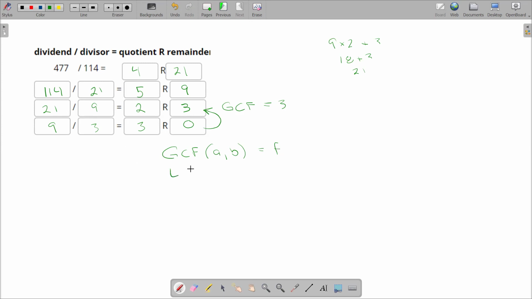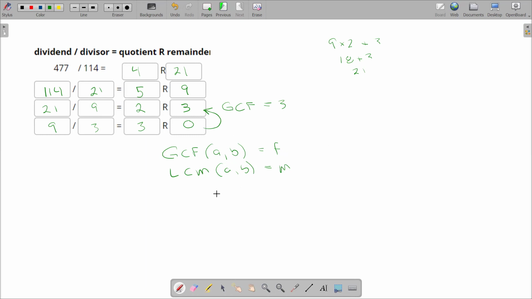And if you want to find the lowest common multiple of those same numbers, A and B, let's call that M for multiple. Now, the greatest common factor and the lowest common multiple share the factors of A and B, but in different ways, so there's no overlap.